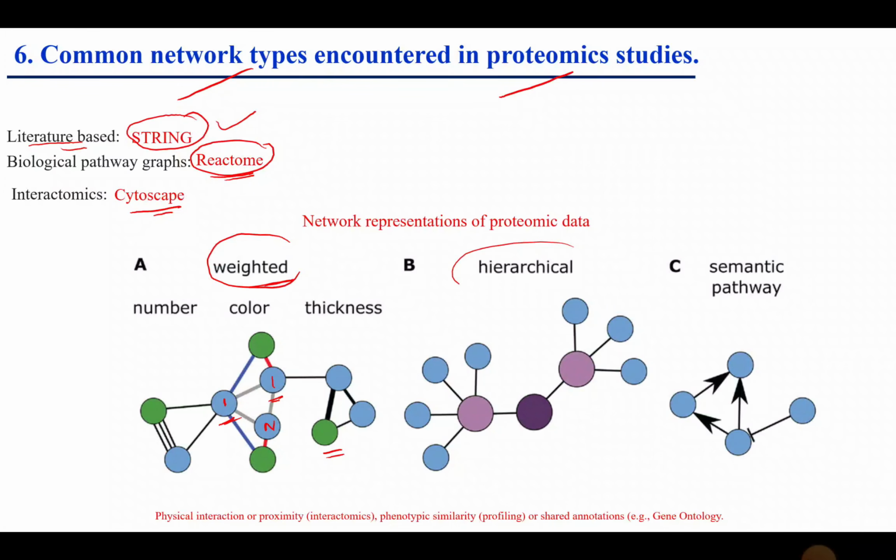But if we talk about the hierarchical network interaction type, here we have one central protein or central node which is connected to its daughter nodes, and then these nodes are connected with further proteins. These types of hierarchical network interactions are helpful to find any centralized protein and to know which other proteins are interacting with your candidate protein.